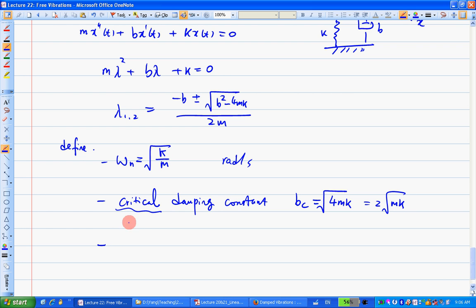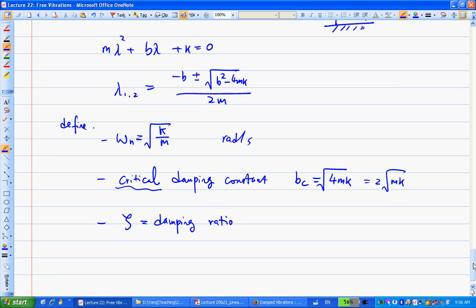The last one we're going to define is psi here. This term is called the damping ratio. The damping ratio is defined as the damping constant, which is the B value, divided by the critical damping constant.